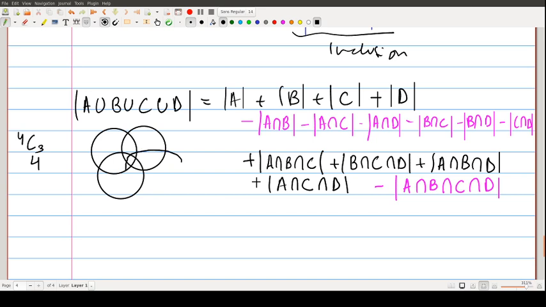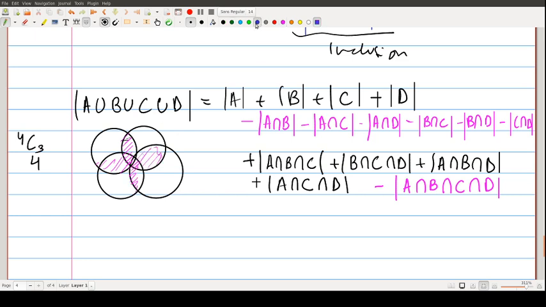So first you're including all of them, then you're removing the pairwise intersections. Oops, made too many shading marks. So then we included these pairwise intersections, over here, this one and this one.